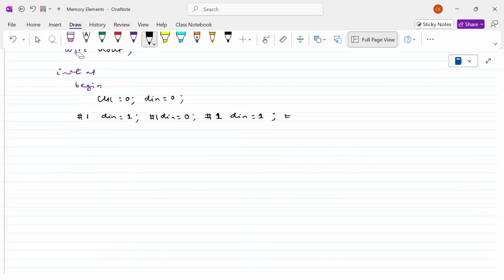At another 1 nanosecond, DN is equal to 0. At 5 nanoseconds, the same value, till 6 nanoseconds. Therefore, at another 2 nanoseconds, DN is equal to 1.